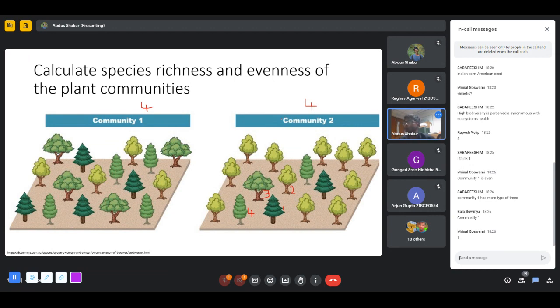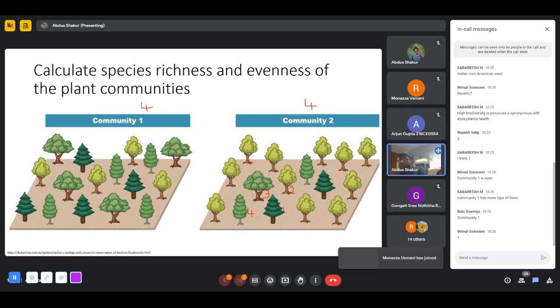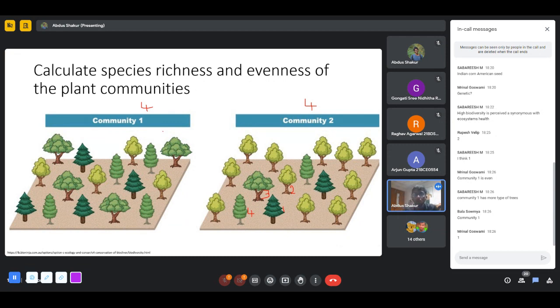So both communities are equal in terms of species richness. It is one of the metrics we said is key to differentiating communities. So both are the same, because the total number of species is four in this case, and also four in this case.